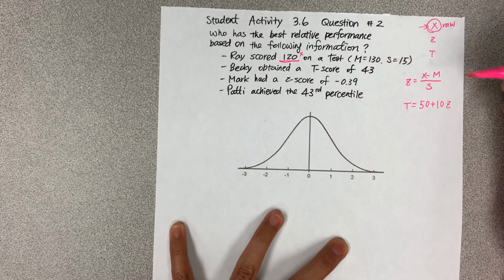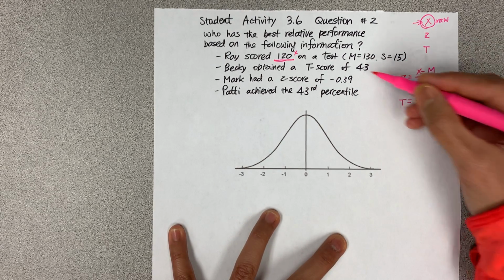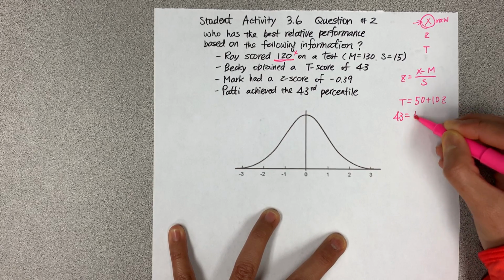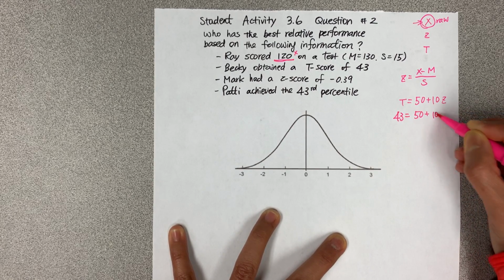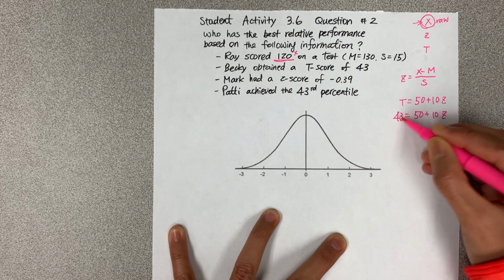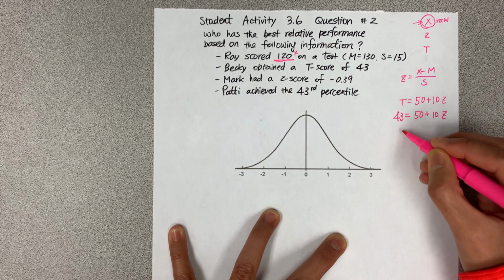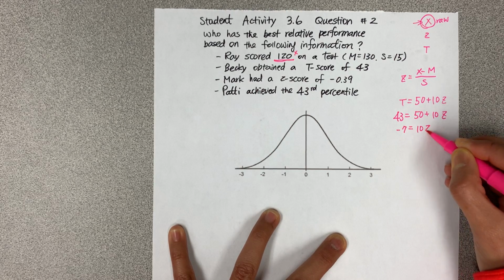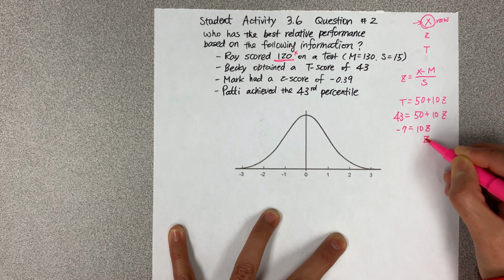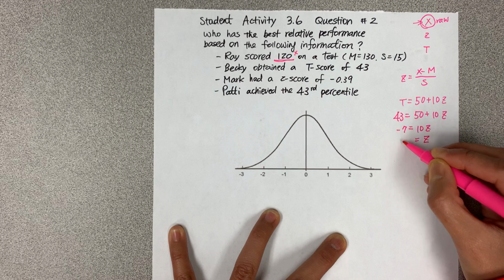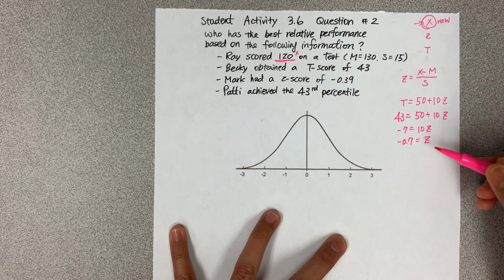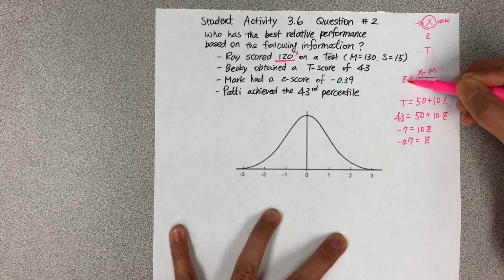So I'm going to work backwards. For Becky, 43 equals 50 plus 10z, so 10z is -7, and z is -0.7.